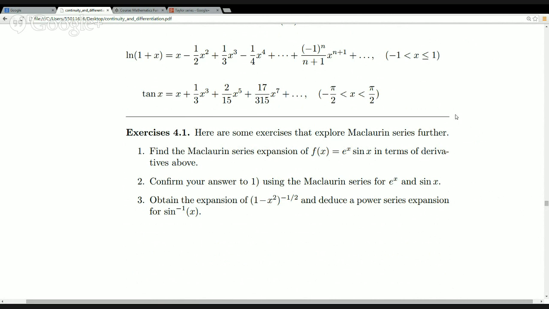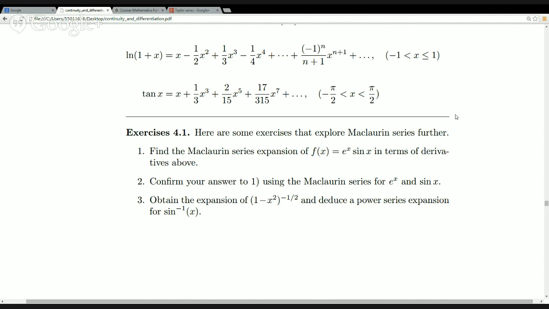Well, in order to identify that, we should differentiate it, f prime of x. But now to differentiate this, you see it's a product of two functions. It's e to the x times sine of x. So we'll need to use the product rule for differentiation. So this would be e to the x times cosine of x plus e to the x sine of x.